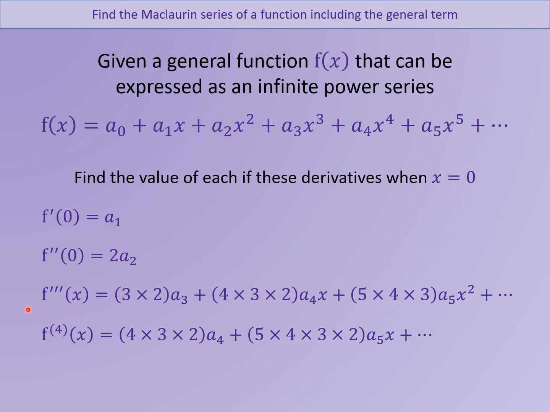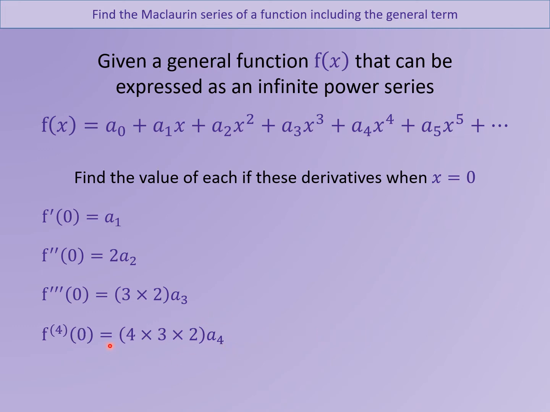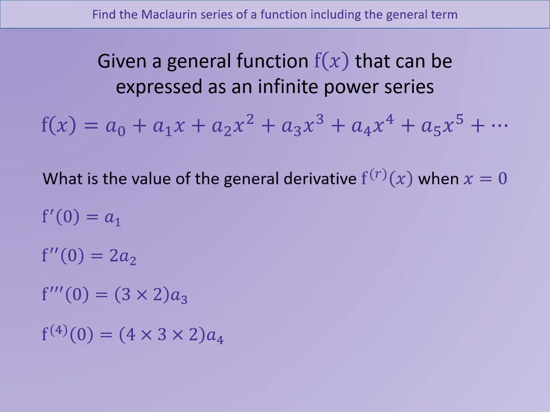This one here, the third derivative, when x equals 0, gets rid of all of these, so you're left with just that part. And then finally, the 4th derivative, if x equals 0, all of these disappear, and you're left with this. Now you can see a pattern coming here, 4 times 3 times 2, and you've hopefully noticed that this is exactly the same as 4 factorial.